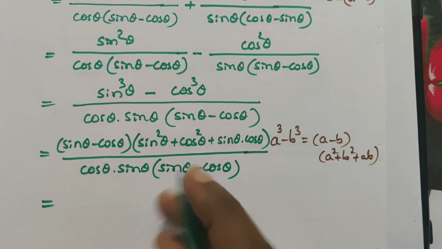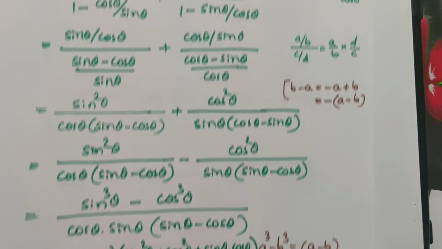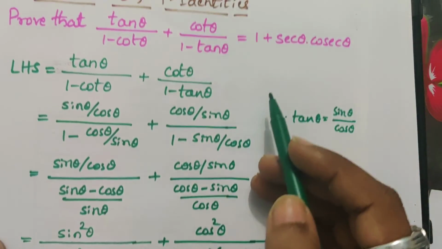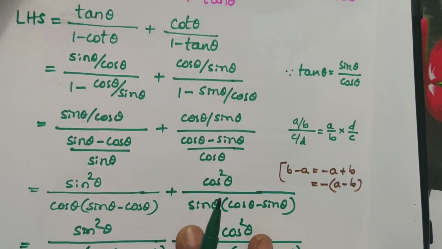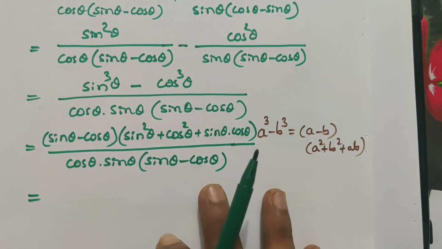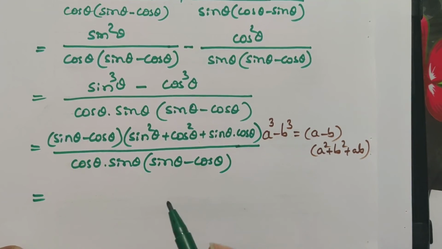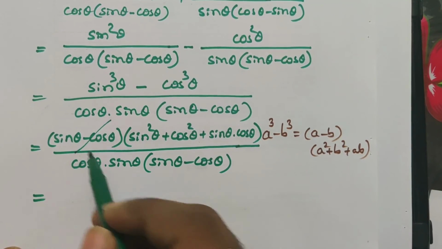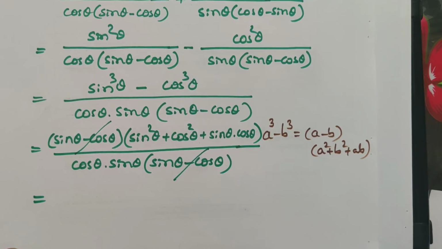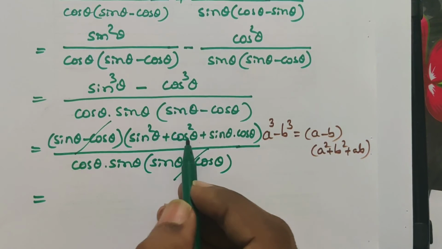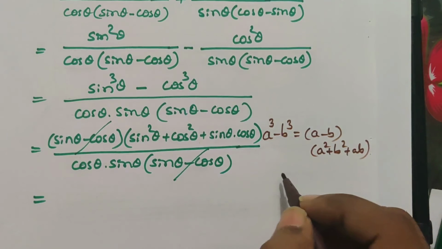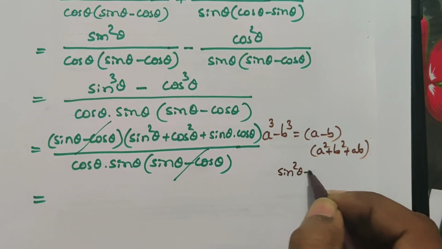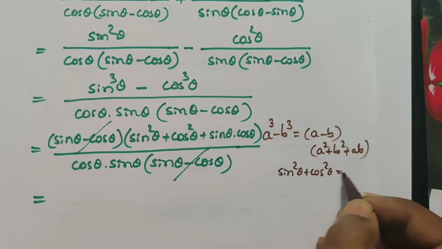Let us just have a look at the RHS. Our RHS demands 1 plus sec and cosec. So let us see whether we can get that part here. I think this can be cancelled with this. Next, in the place of sine square plus cos square, we can write 1, because you know that sine square theta plus cos square theta is 1.